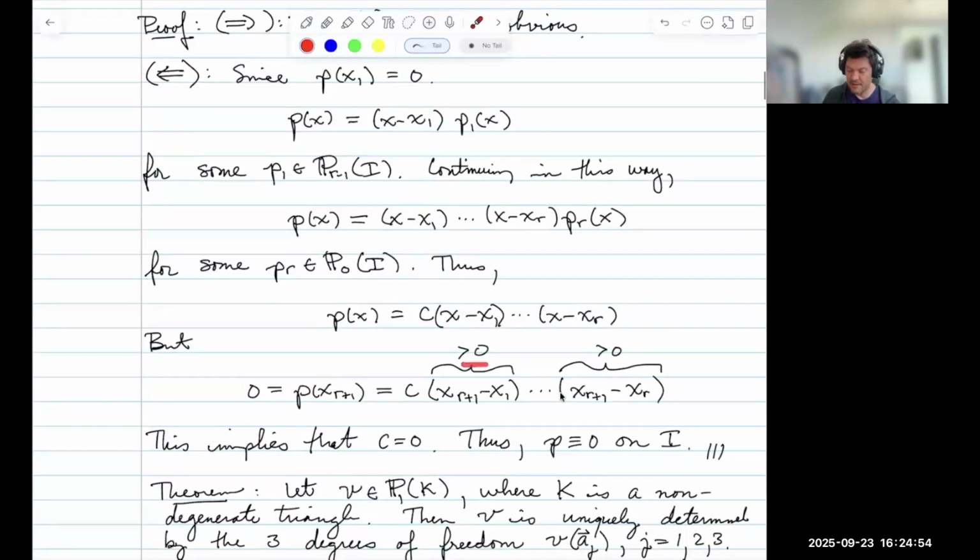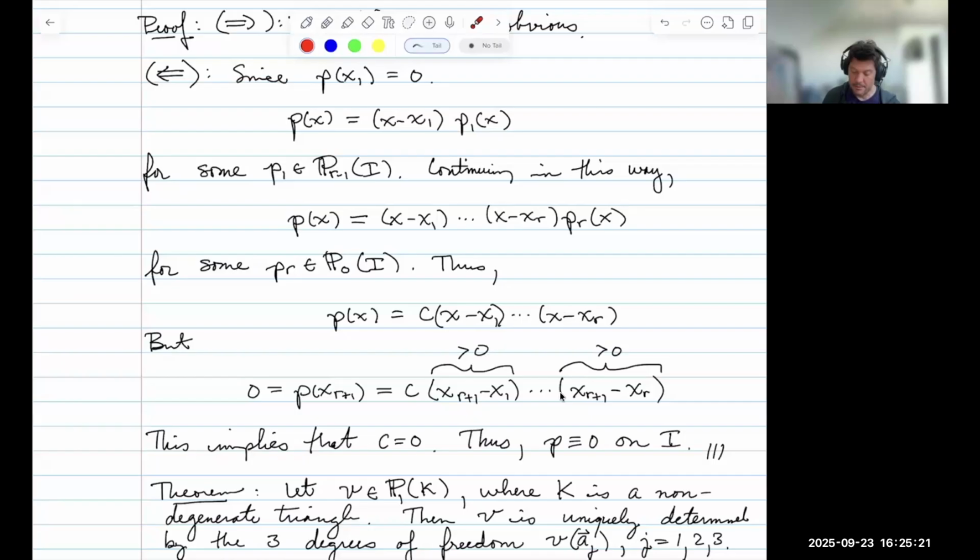So each one of these factors is strictly greater than 0. The only other possibility is that c is itself equal to 0. I have a product of positive numbers, so that product is positive, times a constant must equal 0. So the only possibility is that the constant is equal to 0.